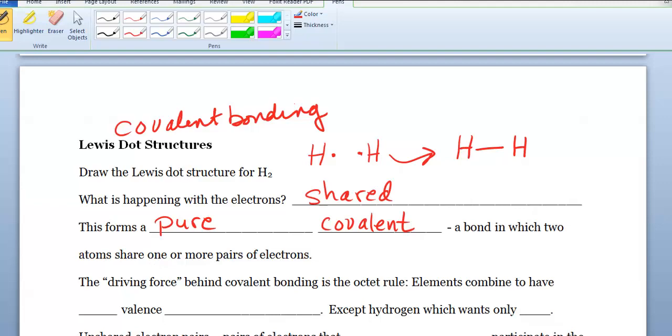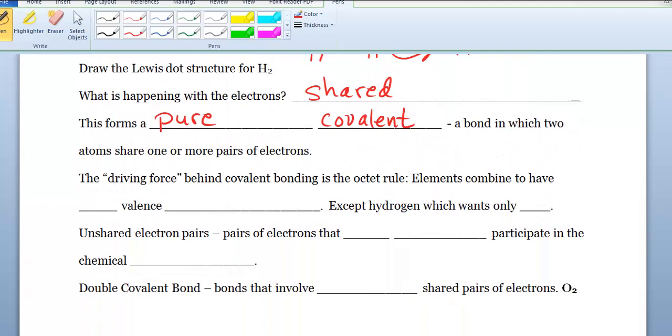The driving force behind covalent bonding is the octet rule. And the octet rule simply means elements combine to have 8 valence electrons. Except, of course, for hydrogen, which only wants 2. So unshared pairs of electrons are pairs of electrons that do not participate in the chemical bond.